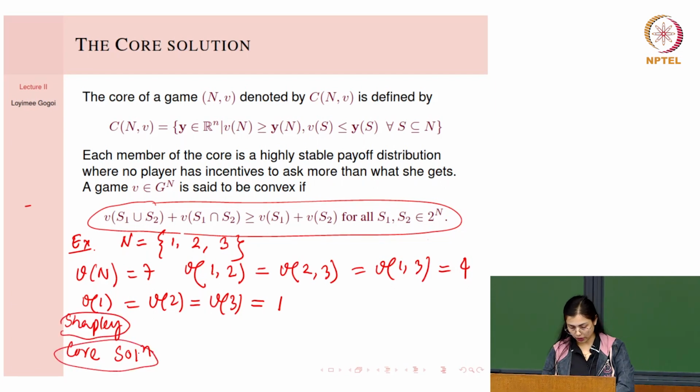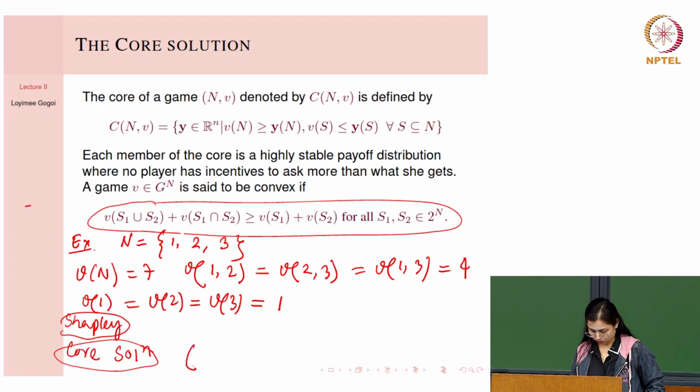So core would be 1. So you can think of it as a 3. So 2.5, 2.5 and 2.